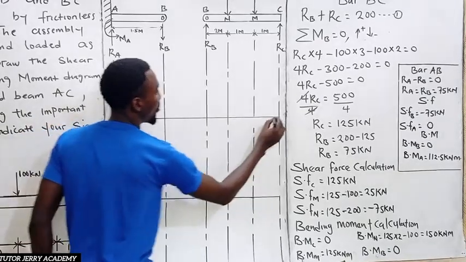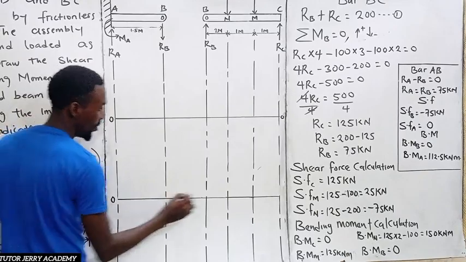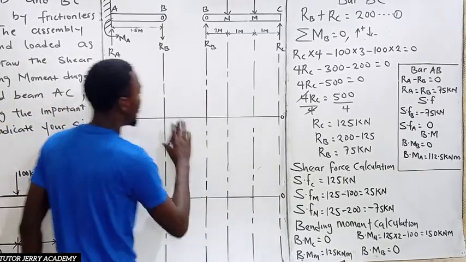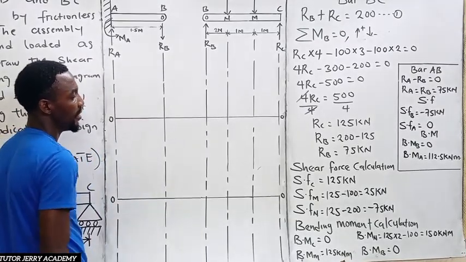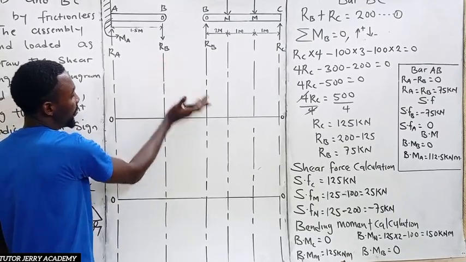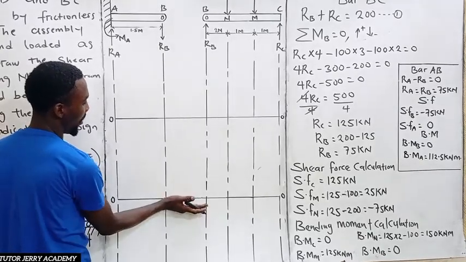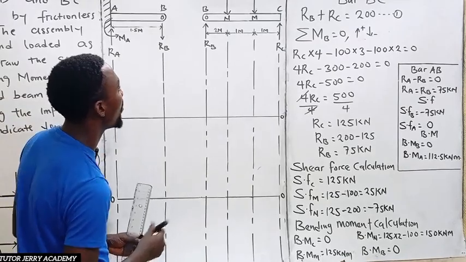Here is 0, here is 0, here is 0, here is also 0. This is the reference line for our shear force, and this is the reference line for our bending moment. Any point above this line is positive, below is negative.